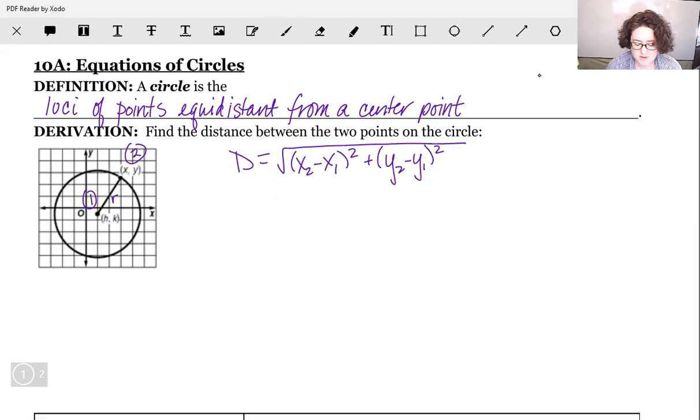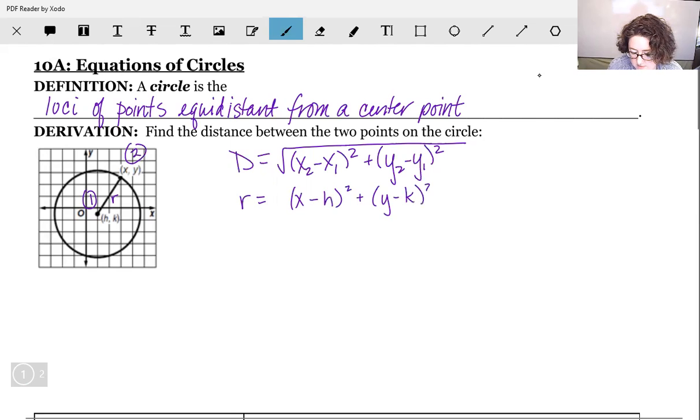So let's just substitute into our equation. Our distance, our radius, is equal to the square root of the x-coordinate of our second point, x, minus the x-coordinate of our first point, h. And we can do that with the y as well: the y-coordinate from the second point minus the y-coordinate from the first point, the way we have them labeled. Now, we don't usually like having that big square root in there, so how could we get rid of that?